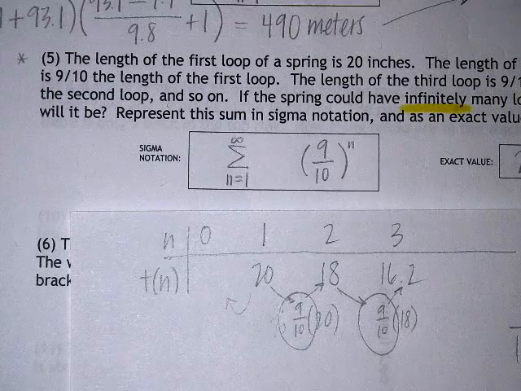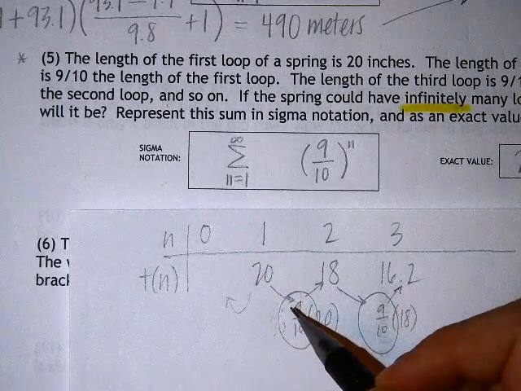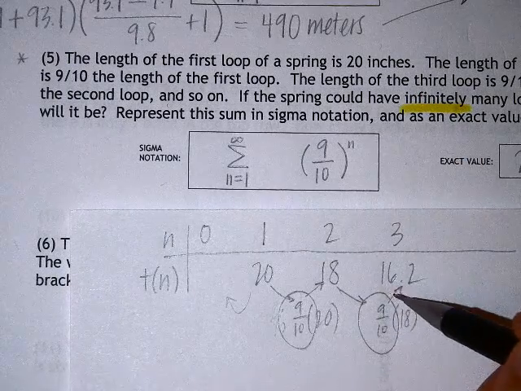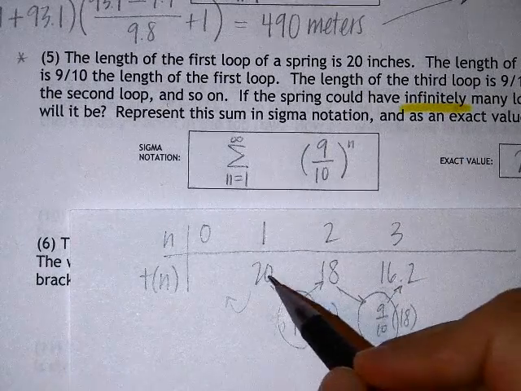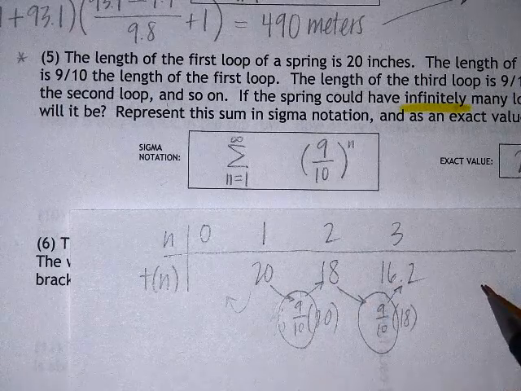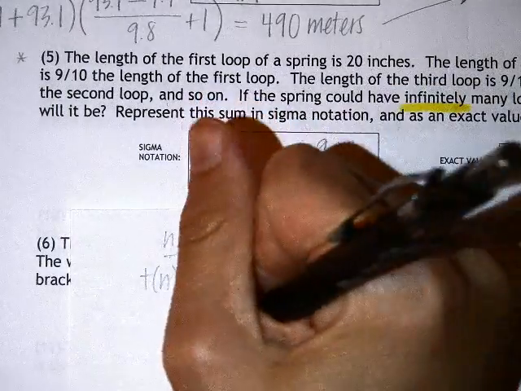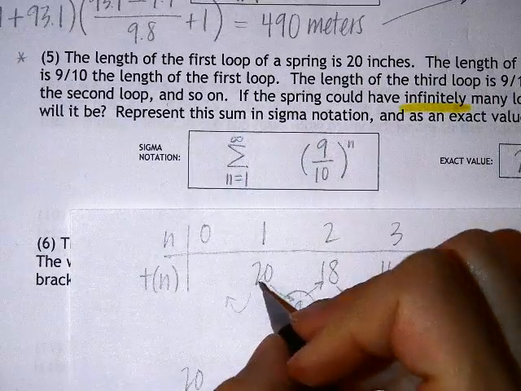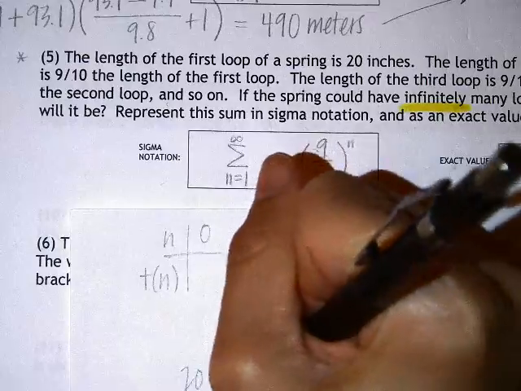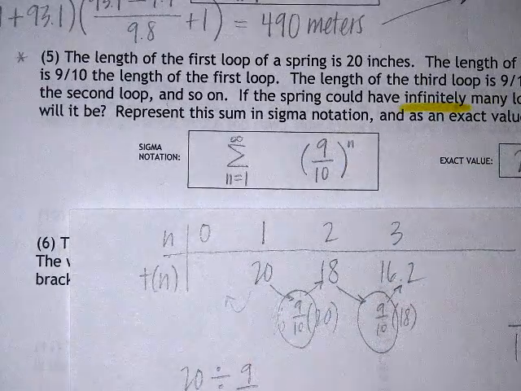So let's think for a moment. If I had to go backwards, I would have to think about the opposite of multiplying 9/10. If to go forwards in the sequence, I'm multiplying 9/10, multiplying 9/10, multiplying 9/10, then theoretically to go backwards, I'd have to take 20, which is the first term, divided by 9/10, and that should give me the initial.